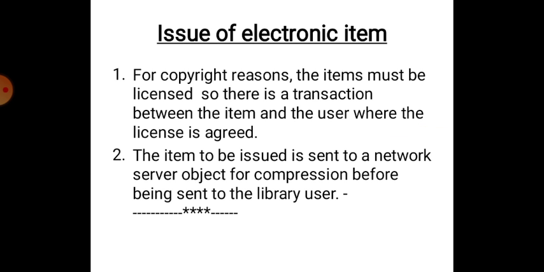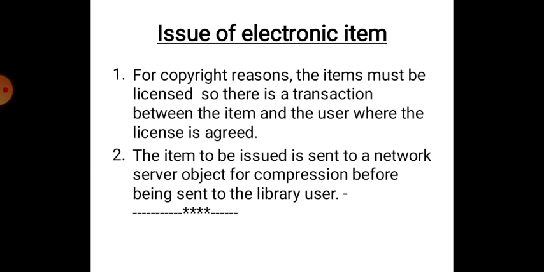So there is a transaction between the item and the user where the license is agreed. Students, you know today all these are intellectual materials and the copyright issue is there. So if there is copyright, then a license should be issued. And if that license is okay, then the electronic form of the item is issued.